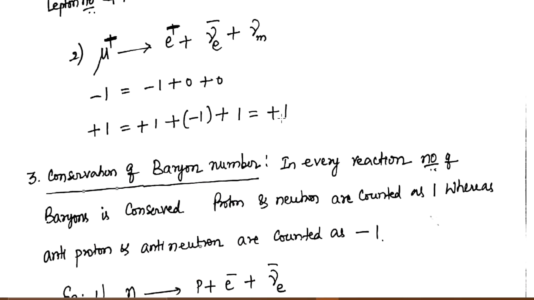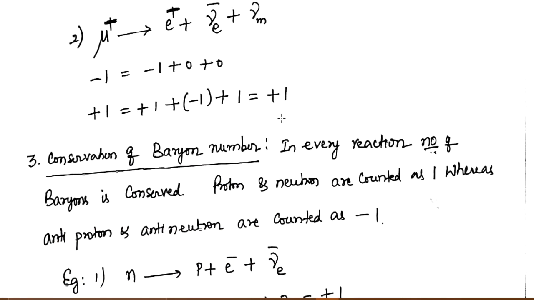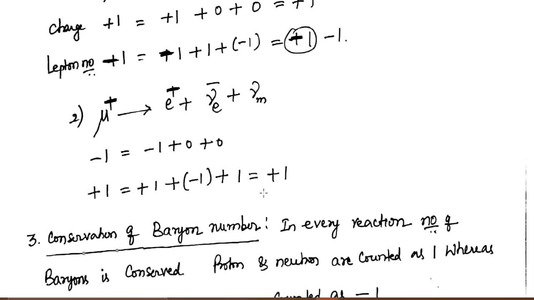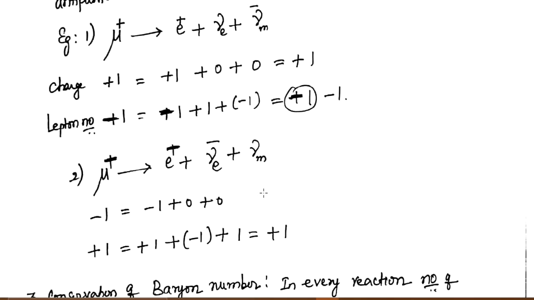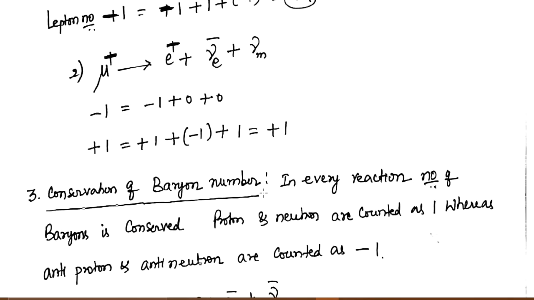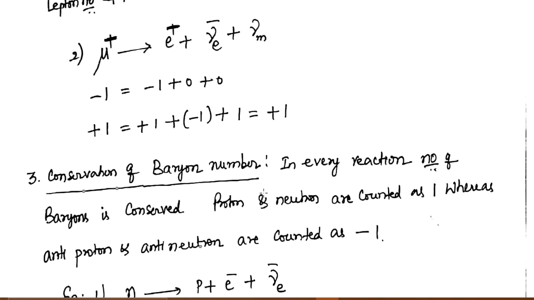Next, one more example, the second example: mu minus. Let me correct this. In the first reaction it is mu plus. In the second reaction it is mu minus, which gives rise to e minus, electron, antineutrino plus neutrino mu. So -1 is the charge for mu minus, and for electron on the right hand side the charge is -1, and for neutrino and antineutrino the charge is 0.